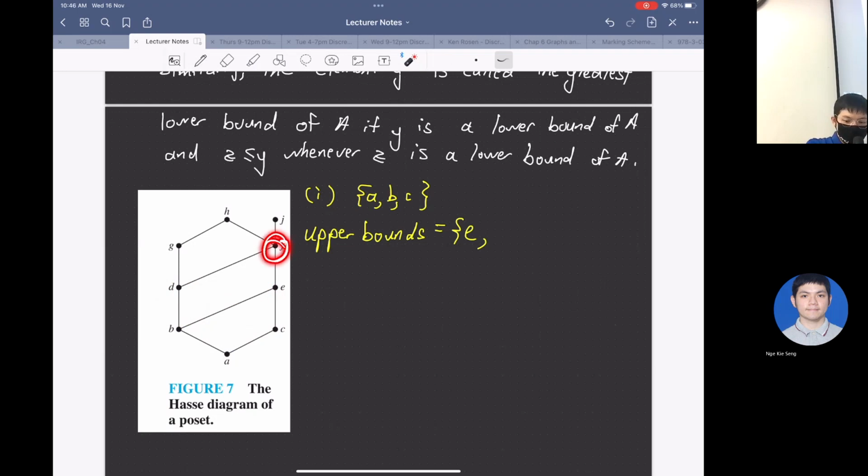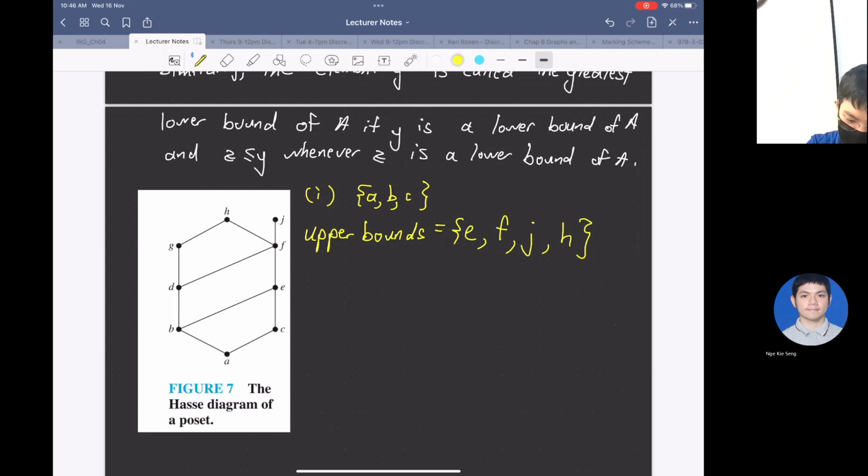F is, because F is greater than B, greater than A, greater than C. Then J, and then H. H can. Anything else? That's all, I think. G cannot, because G has no connection to C.